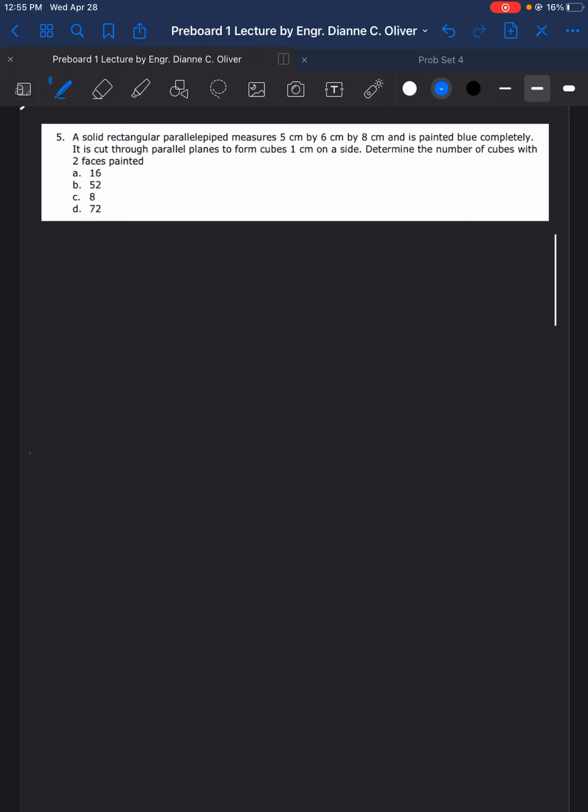Determine the number of cubes with 2 faces painted. Okay? So, how many cubes of size 1 centimeter on one side have 2 faces painted? Is it A, 16, B, 52, C, 8, or D, 72?